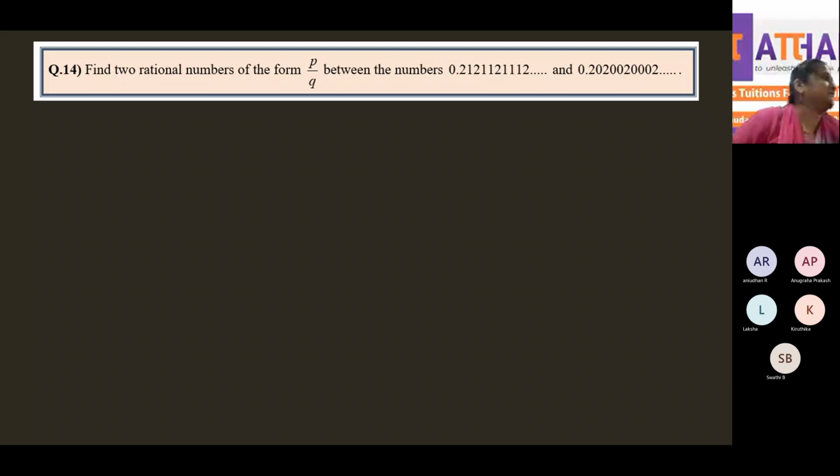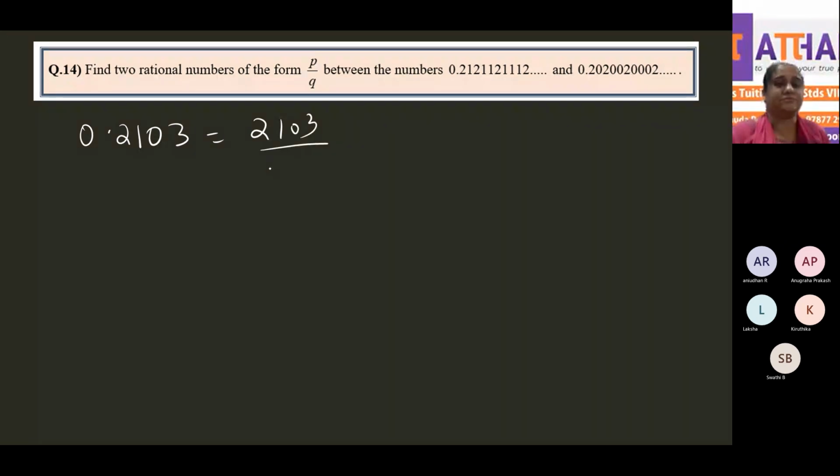Yeah, Kamalika. Now, first you tell me the decimal value you wrote. 0.2103. So you have taken the first three digits, right? 202 and 212. So you have written 210. Correct. Okay, this is fine. So the P by Q form will be 2103 by 4 zeros. Yes.